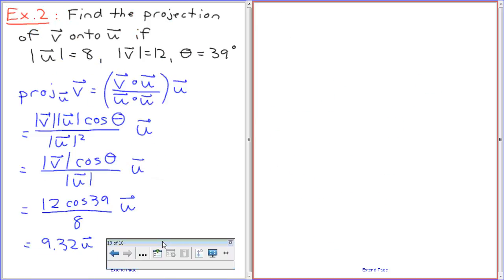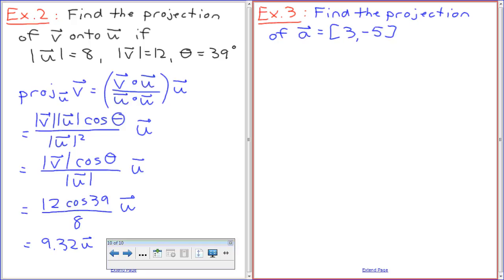All right, example 3 says... It's 9.32 divided by 8, sorry.